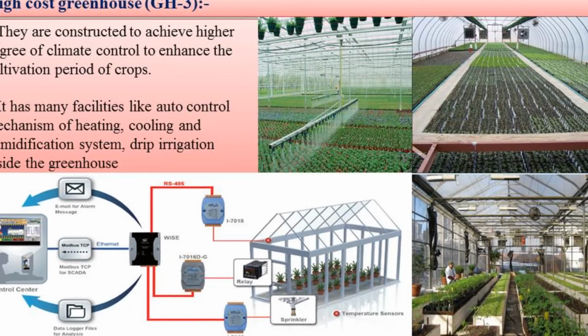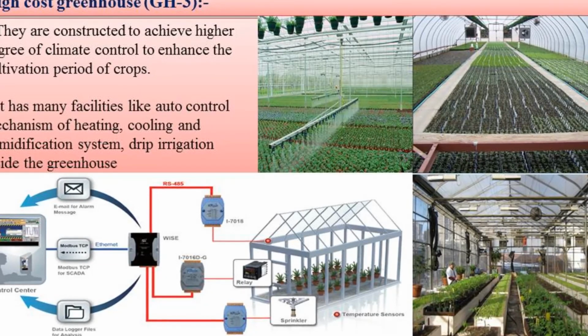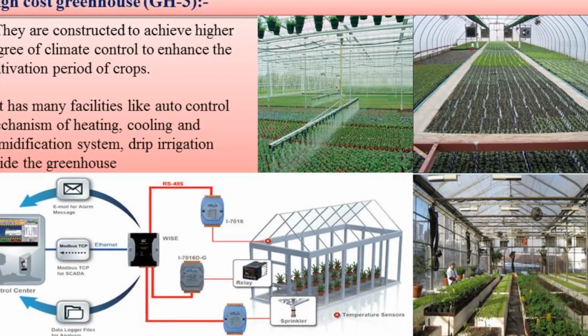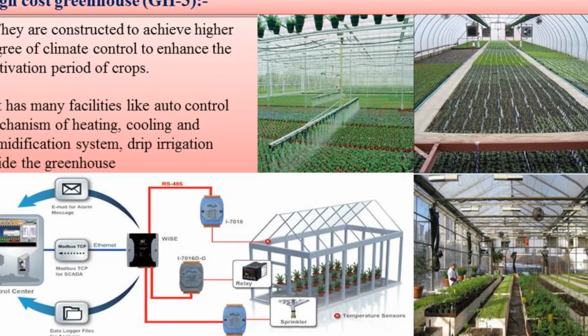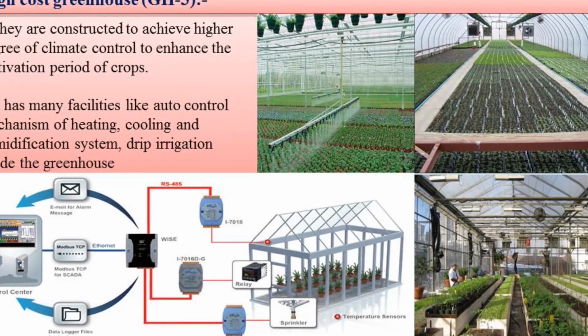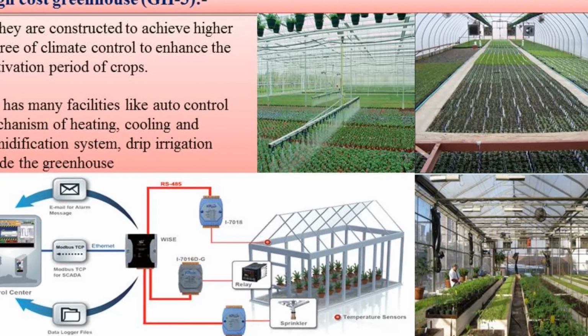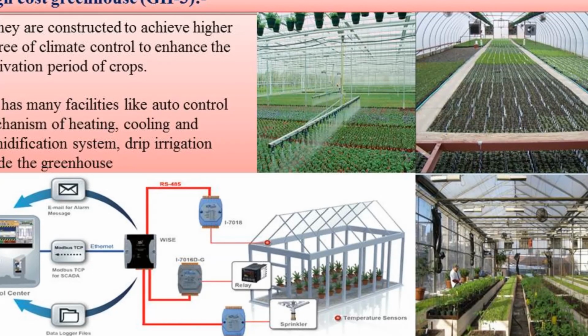Such a polyhouse has many facilities like auto control mechanism, that is auto heating system, which helps to raise the temperature inside the polyhouse and provide optimum temperature for growth of the crops.